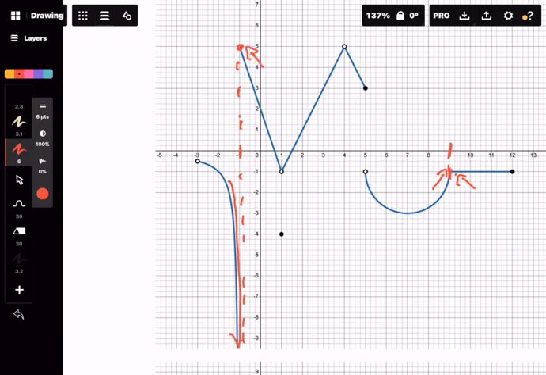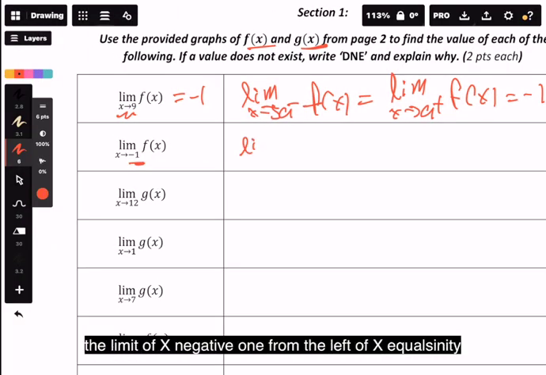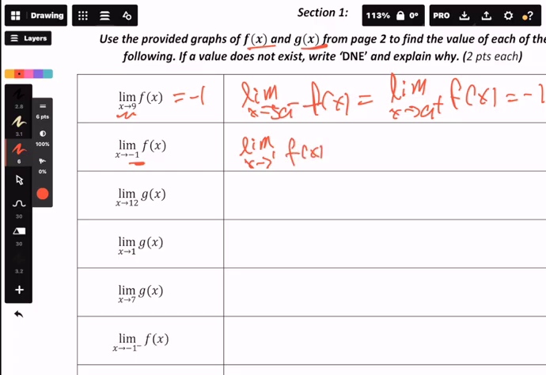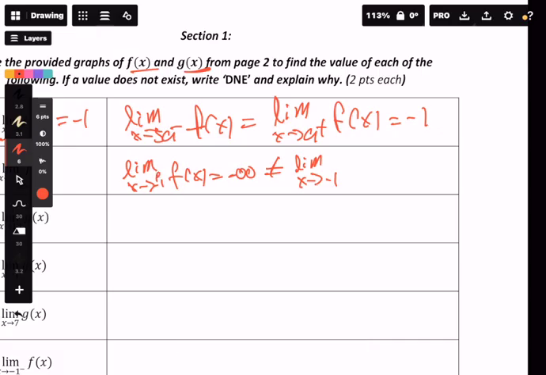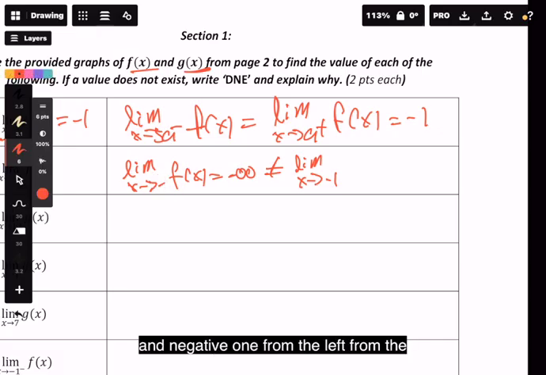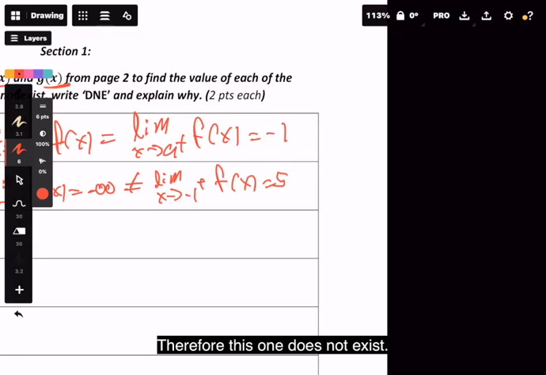We know this is not going to be a value, since the limit as x approaches -1 from the left of f of x equals -infinity, which does not equal the limit as x approaches -1 from the right of f of x, which equals 5. Therefore, this one does not exist.